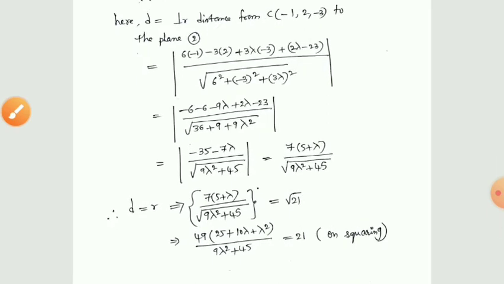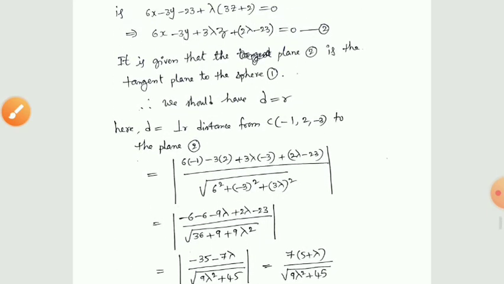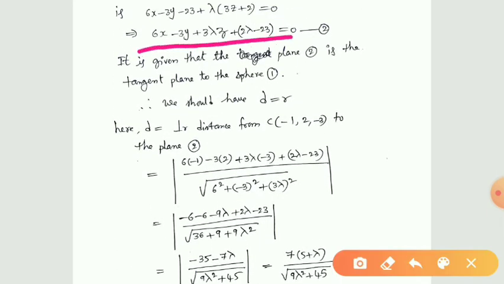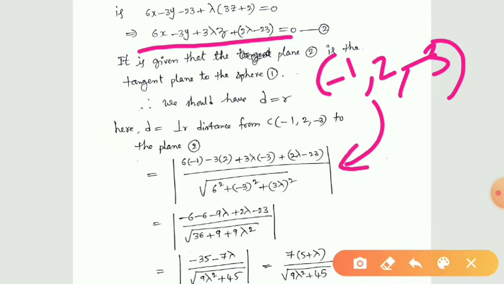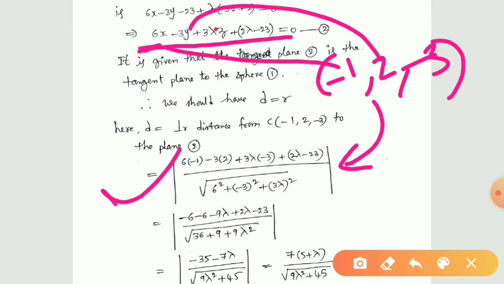Using the principle to find the perpendicular distance, we can write like this: 6 into minus 1 minus 3 into 2 plus 3 lambda into minus 3 plus 2 lambda minus 23, by root of a square plus b square plus c square, meaning 6 square plus minus 3 whole square plus 3 lambda whole square.